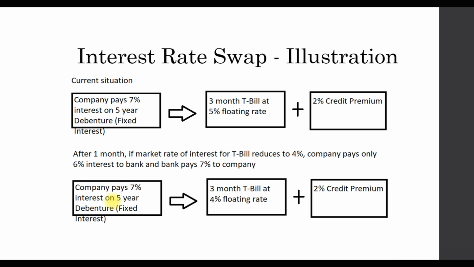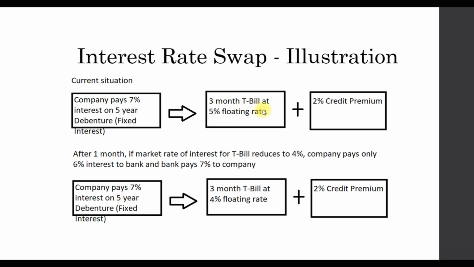The treasury bill is a risk-free instrument issued by the government of India and is an accepted benchmark for pricing corporate debt instruments. In this illustration, the treasury bill rate, meaning the risk-free market rate, plus the 2% credit premium equals the fixed rate of 7% that the company pays its debenture holders on the 5-year debenture.